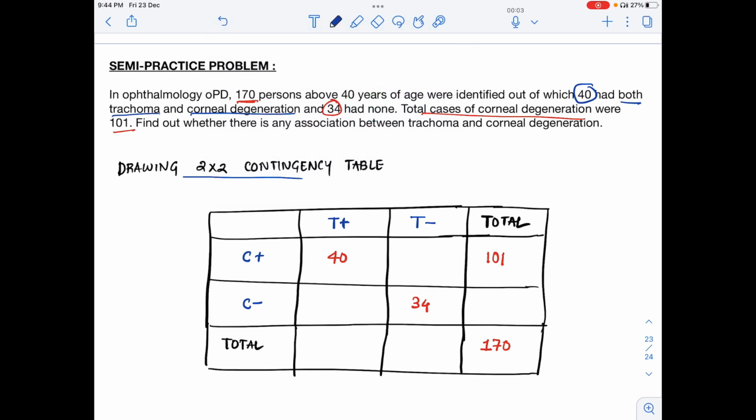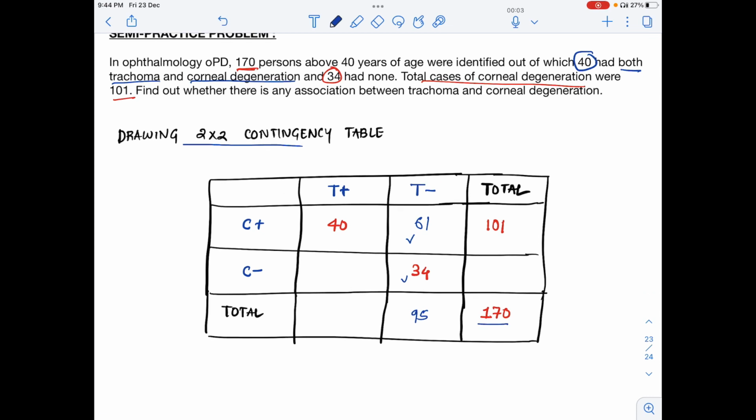So out of 101, 40 were both positive, so the remaining will be 61. The total of these will be 90 and 95. Now out of 170, 95 can be subtracted and we will get 75. Here we will get 35 and the remaining here we will get 69.